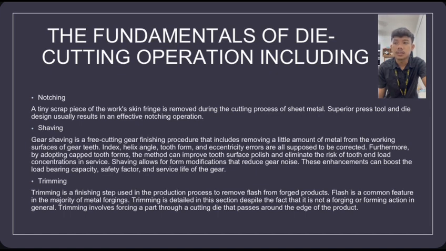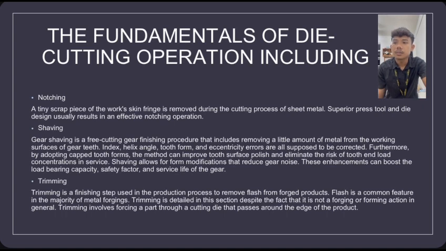Number 2, shaving. Shaving is a free cutting gear finishing procedure that includes removing a little amount of metal from the working surface of gear teeth. Index, helix angle, tooth form and eccentricity error are all supposed to be corrected.